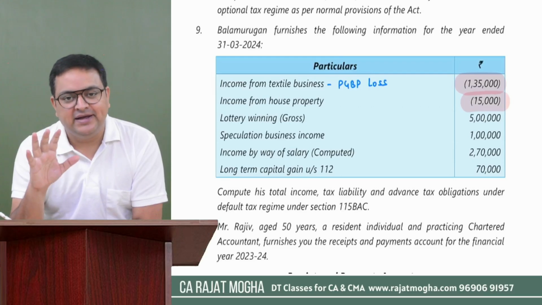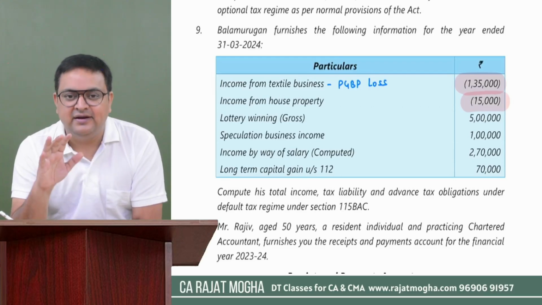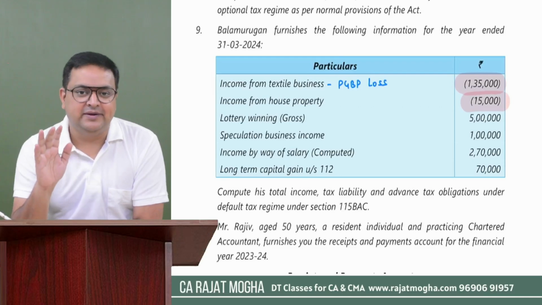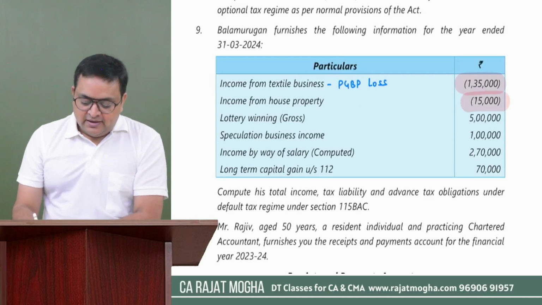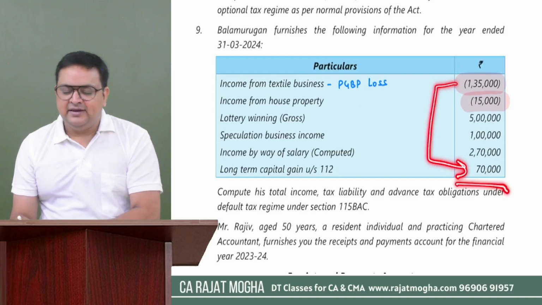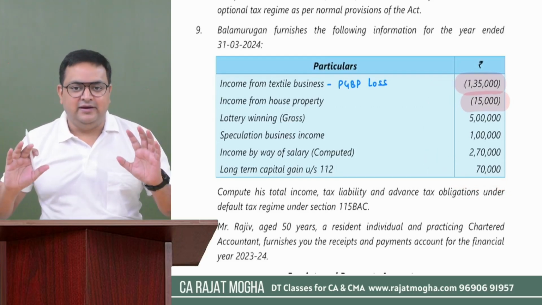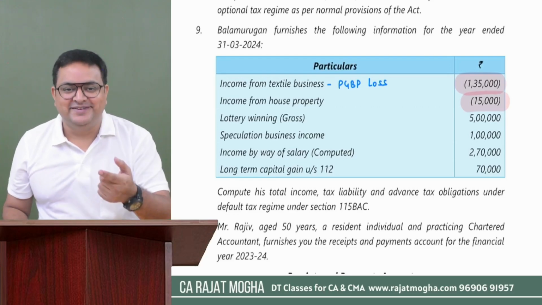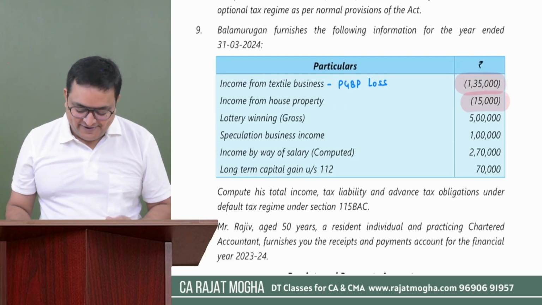But if there is any other head loss, can it be set off from capital gain? Yes, capital gain can help anyone, but it will not take help from others. I can say it this way.